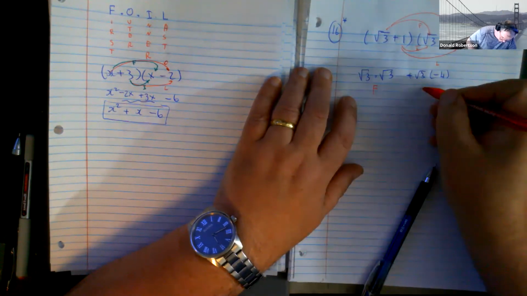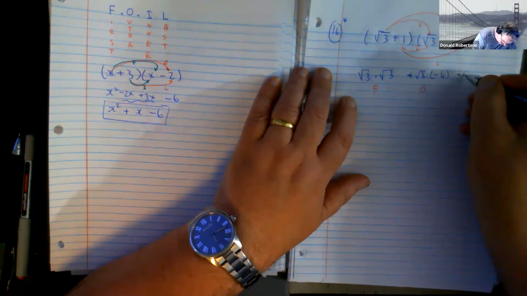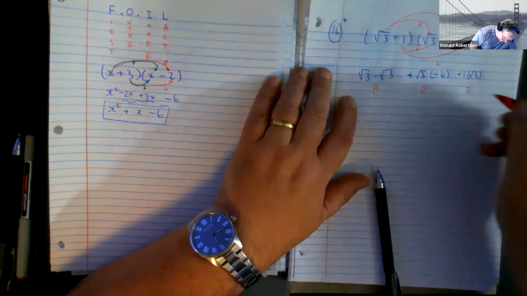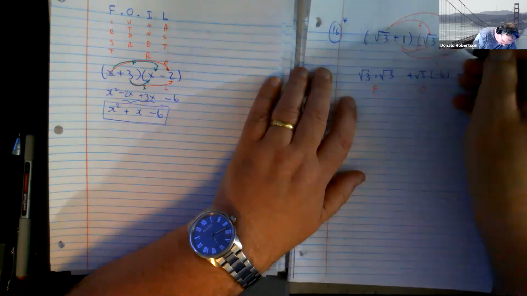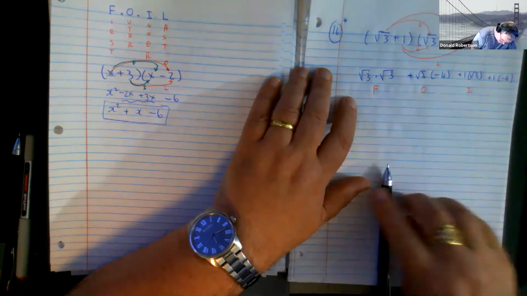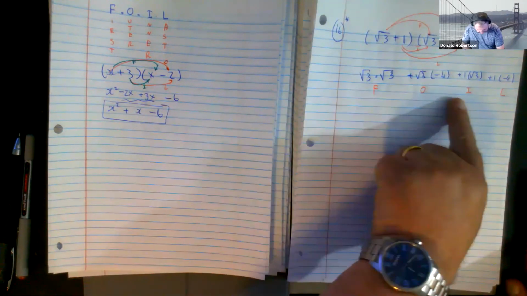That's the O. The 1 times the square root of 3, that's the inner. And the last is a 1 times the negative 4. First, outer, inner, and last.